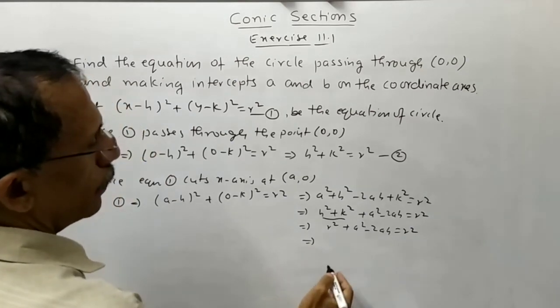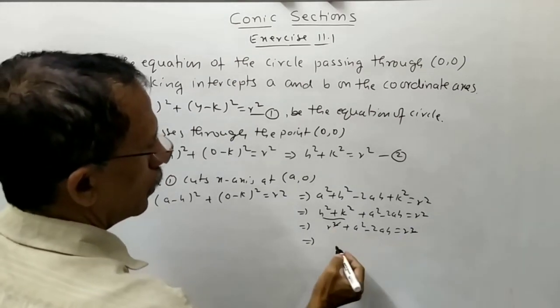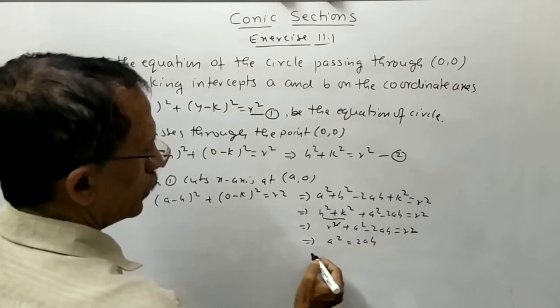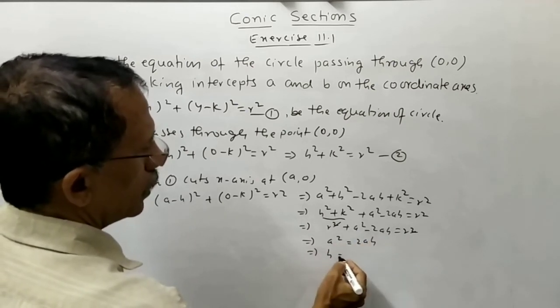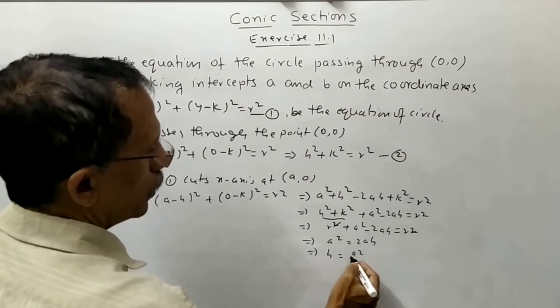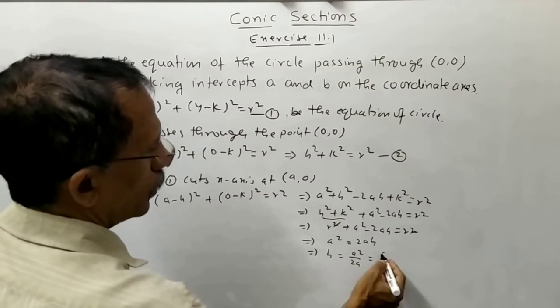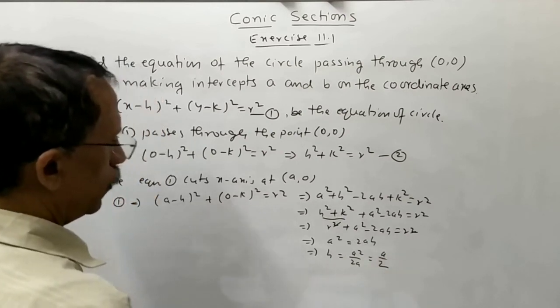This implies a square is equal to 2ah. This implies h is equal to a square divided by 2a is equal to a divided by 2.